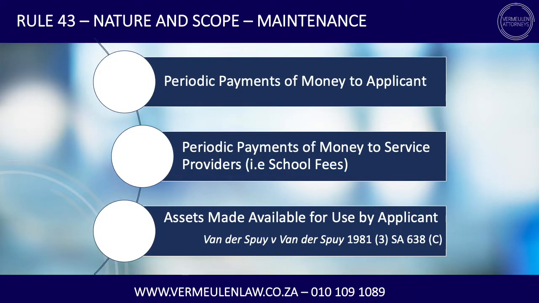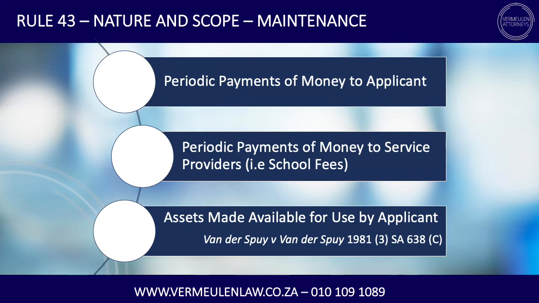What form can a maintenance claim under Rule 43 take? Number 1 is periodic payments of money to the applicant. Number 2 is periodic payments of money to service providers, i.e. school fees.